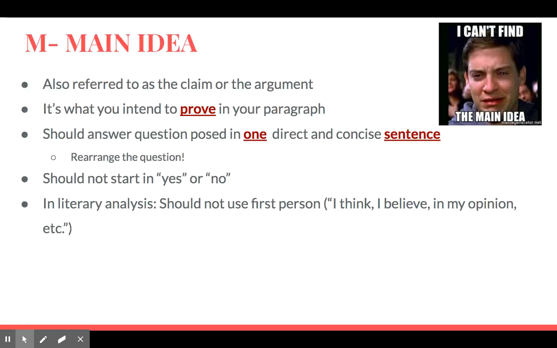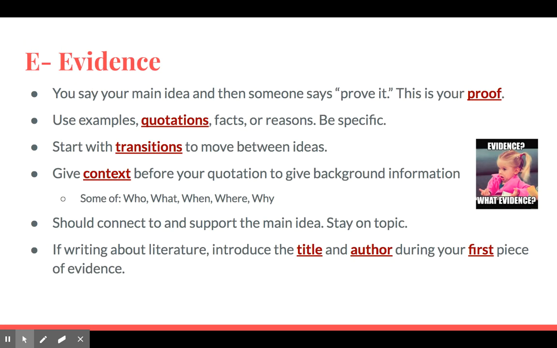Just a brief refresher for those of us that need it. Our main idea has 4 parts: a topic, verb, position, and reason. It's answering a question, and it's giving a reason as to why that answer is right. It's not a yes or no question, it's an opinion, and you're coming up with a reason as to why this is the opinion that others should believe. Your evidence helps prove that your main idea is right.